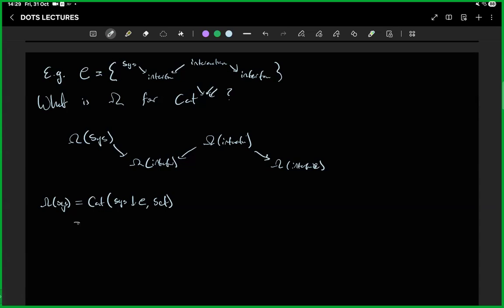Well, cis sliced over C, we have two maps out of cis, right? We have cis, the identity, and we have cis to interface. These are our two objects of this thing.